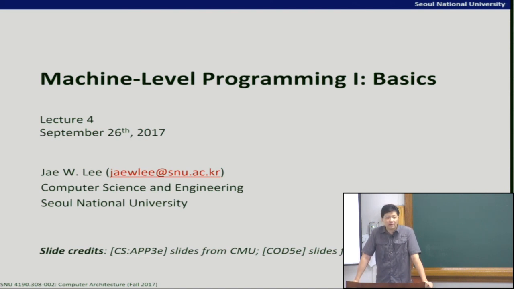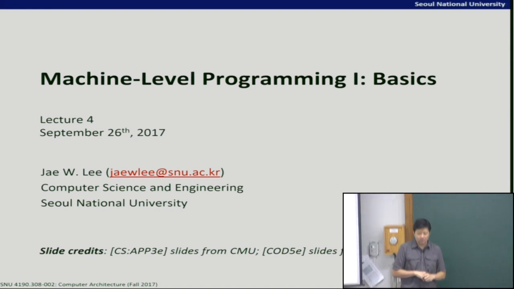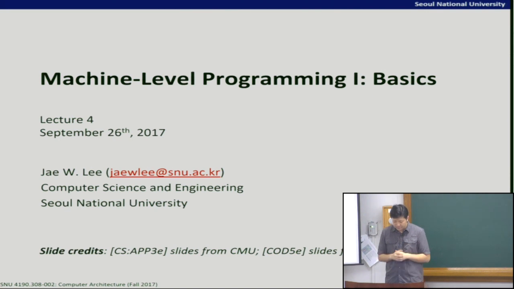So the second lab will come out on October 10th, Tuesday, right after the Chuseok holiday. And it requires you to write some machine level code to solve problems. Yeah, it'll be fun. I mean, it'll be a fun lab.